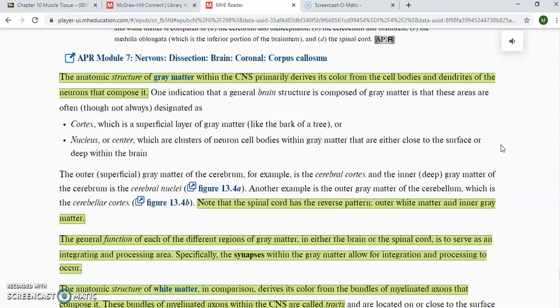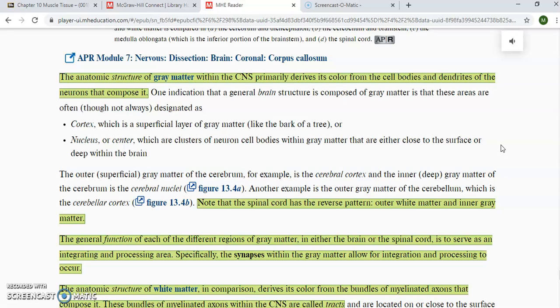And then the general function of the gray matter, because we have cell bodies and dendrites: remember those are the receptive end of the neurons. That's where they have chemically gated ion channels, and those will be stimulated to open by certain neurotransmitters. So there's a lot of communication going on in the gray matter, where all those cell bodies and dendrites are. A lot of synapses.